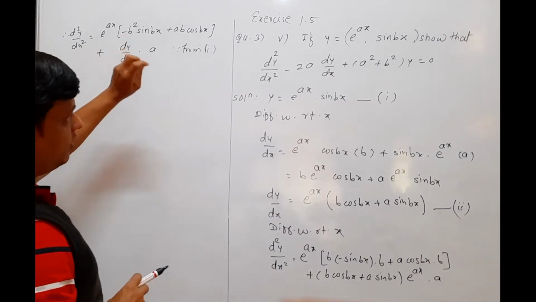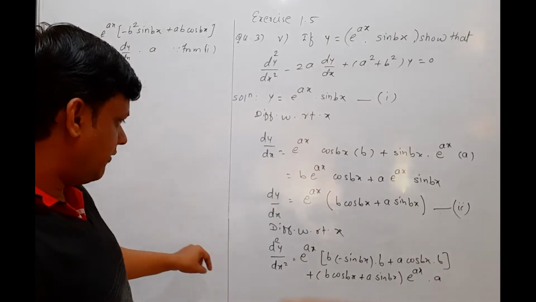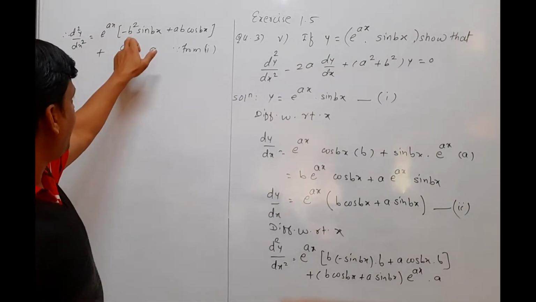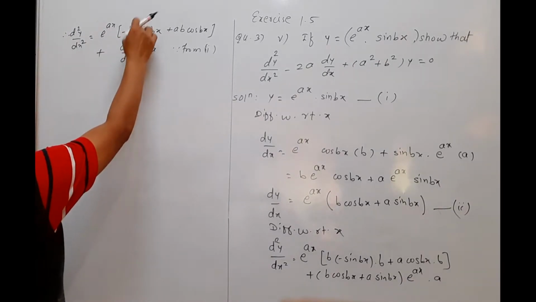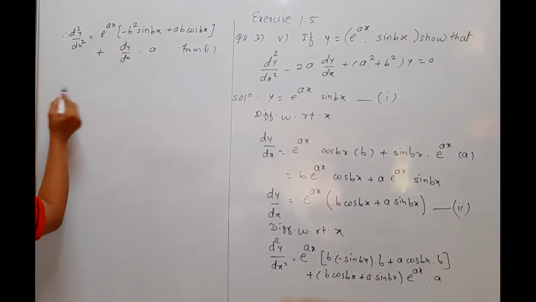So for that we have to take a common. Here minus b square sin bx, so we add minus a square sin bx. So see here what we have to do.